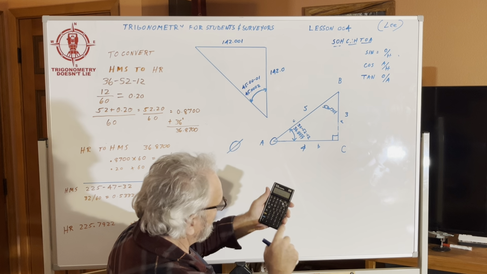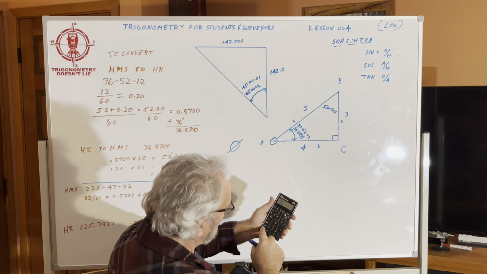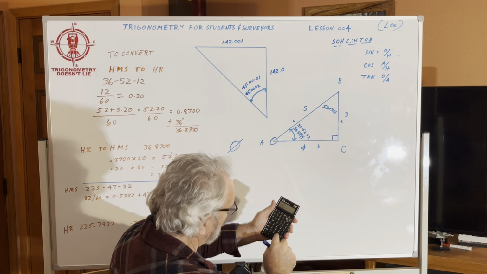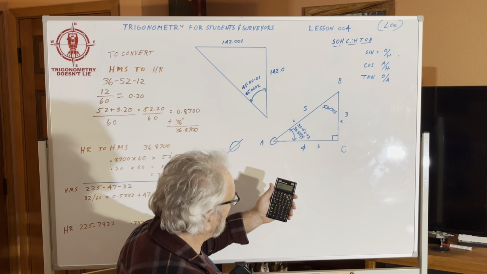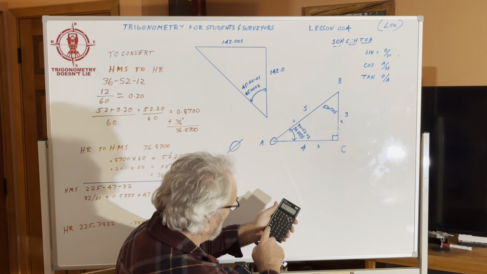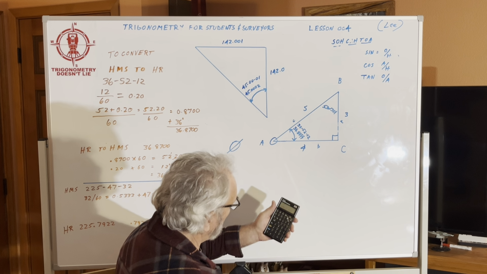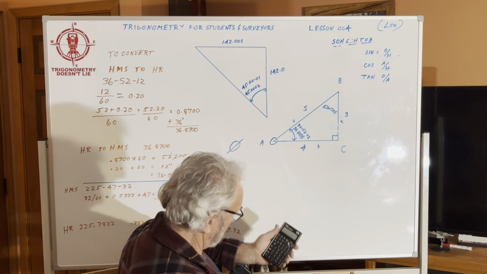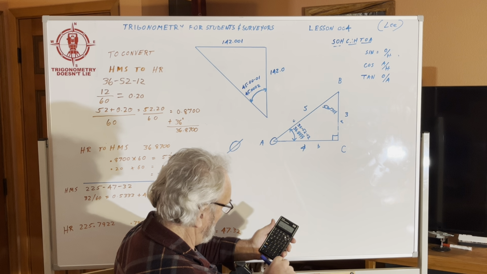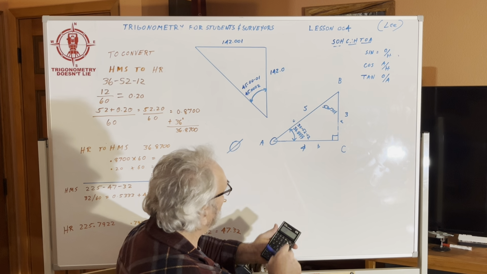Let's try the sine. Let's go 5, enter, clear up. 5 divided by 3, yeah, 5, enter, 3, divide, 1.667. So let's try to get an angle out of that. We're going to go arc sine, and invalid data. Okay, now let's go 3 and 4.